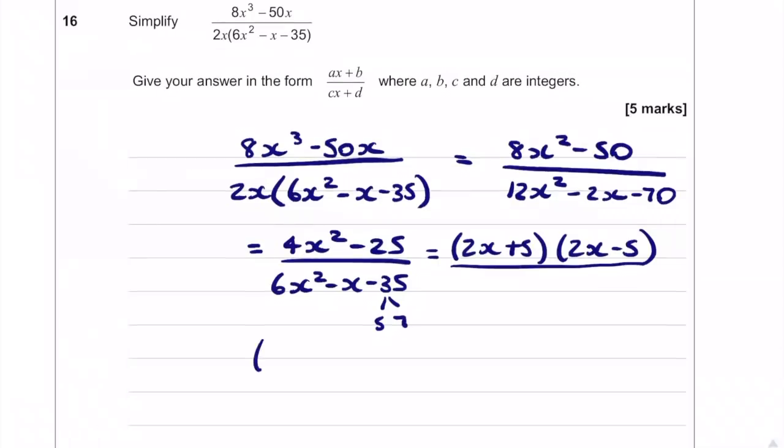So we say that we've got a 2x and a 3x to give us the 6x squared. And then what could we do? We could multiply the 5 by the 3x and then subtract the 7 multiplied by the 2x. That'll give us the minus x. So if we make this plus 7 and this minus 5, then we get 2x times 3x, which is 6x squared, plus 14x minus 15x. That gives us the minus x.